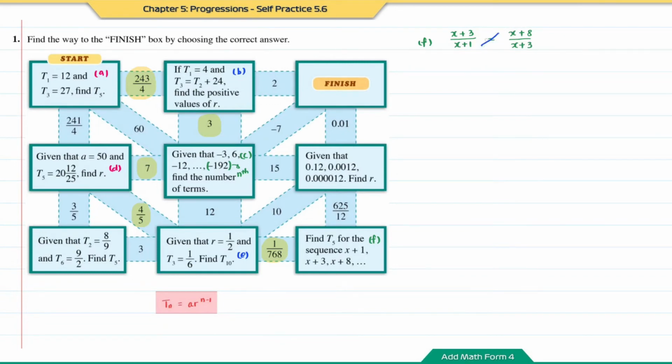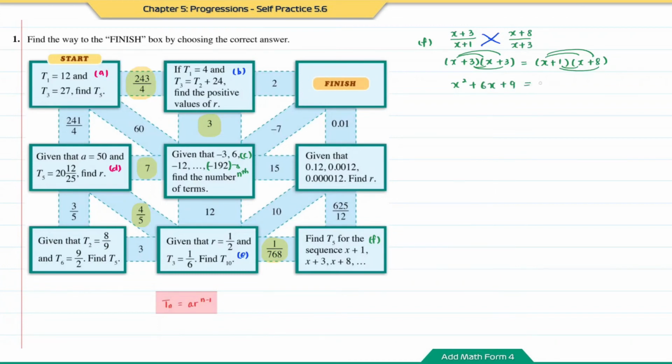To solve this, we are going to do the cross multiplication here. So it will be x plus 3 times x plus 3 equal to x plus 1 times x plus 8. So here we just need to do the expansions. On the left hand side, you're going to get x squared plus 6x plus 9.